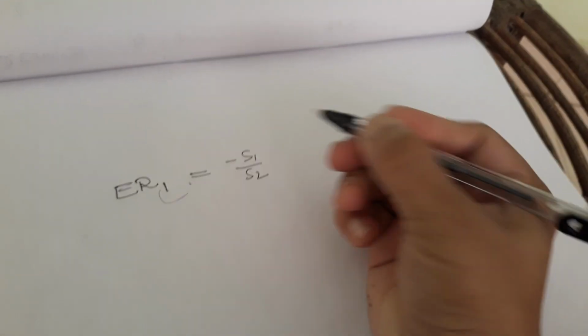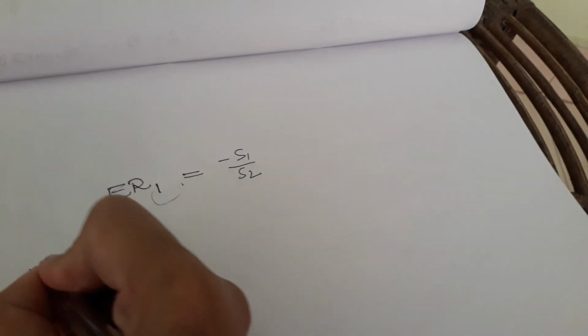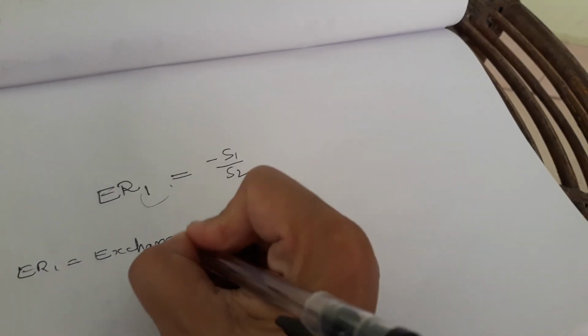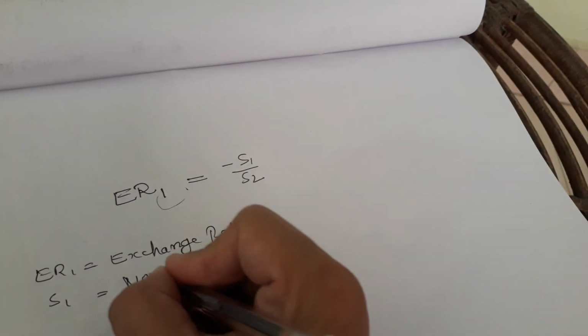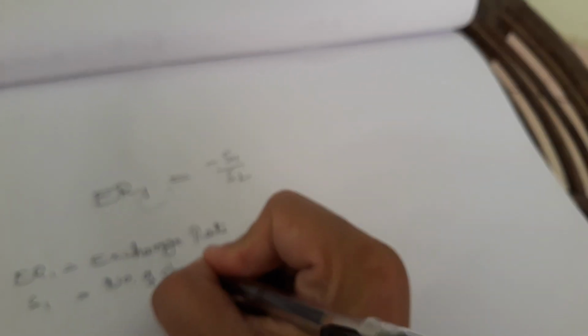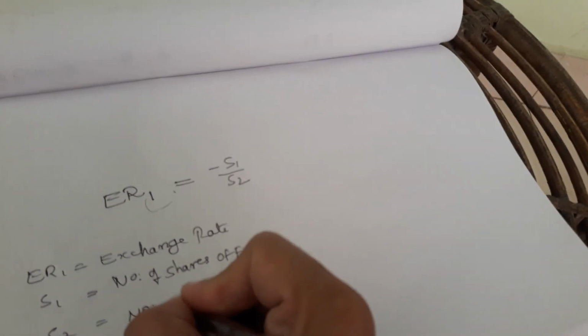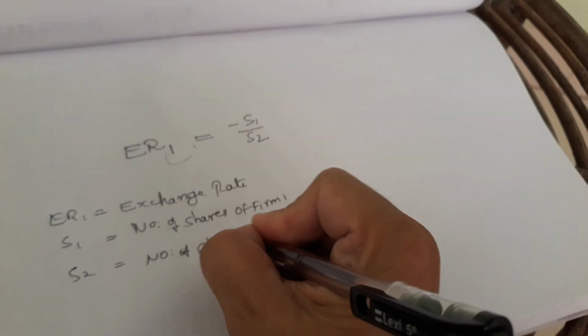ER1 is the exchange rate, and S1 is the number of shares of firm 1, and S2 is the number of shares of firm 2.